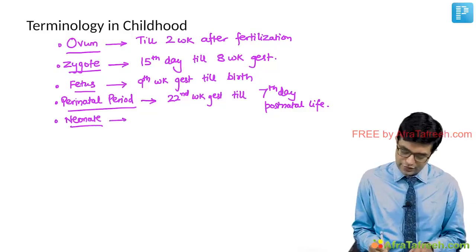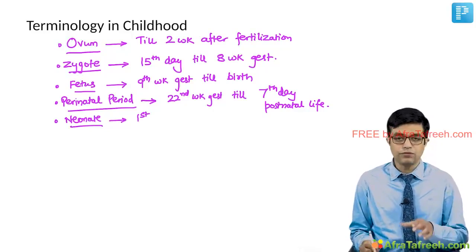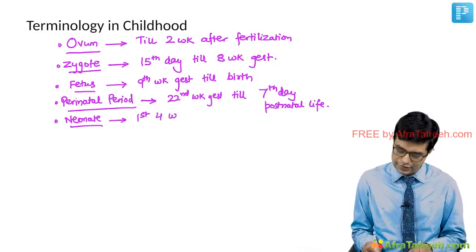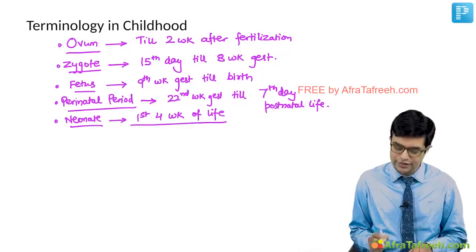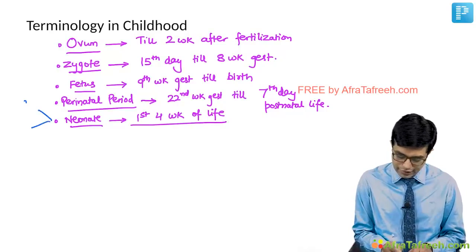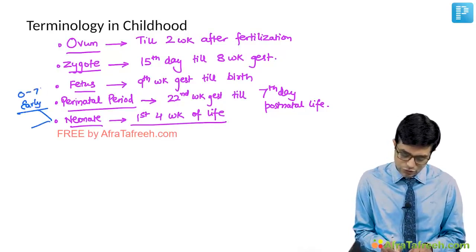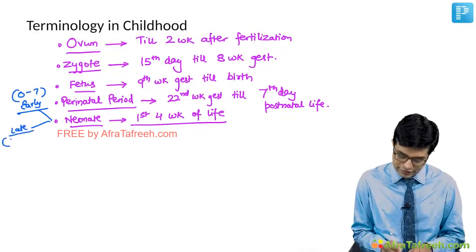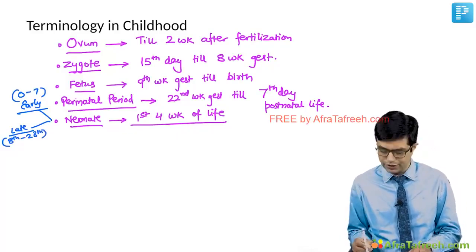Neonate is a child who is up to 4 weeks of age. So first 4 weeks of postnatal life is called the neonatal period. It is sometimes subdivided into early and late neonatal period, where early neonatal period is defined as 0 to 7 days and late neonatal period is defined as beyond 7th day, that is 8th day to 28th day. That is the late neonatal period.